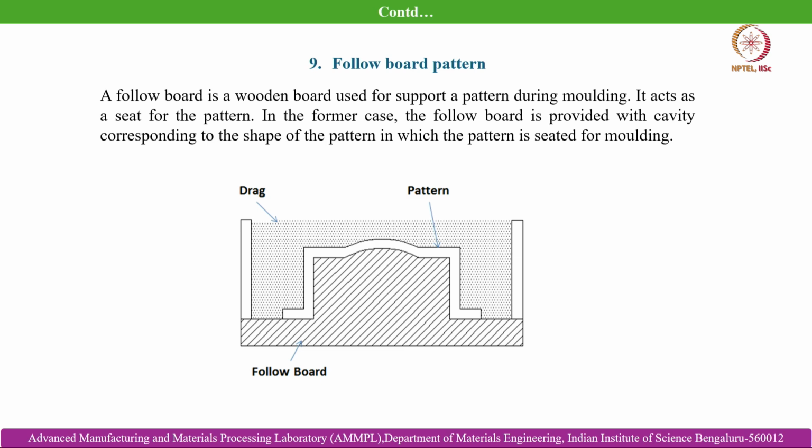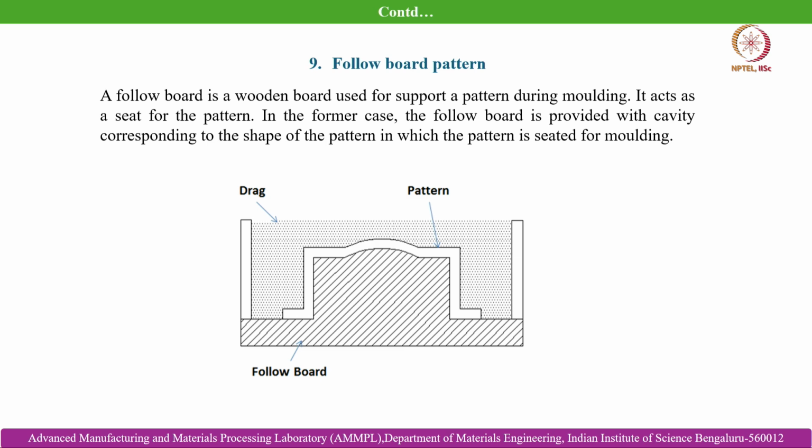A follow board pattern is useful when there are some intricate geometries in the cast part that need to be achieved. That means, there are some overhang parts, which otherwise can be difficult if we make them with single piece or loose piece patterns, because there are chances of damage during ramming of the molding sand.